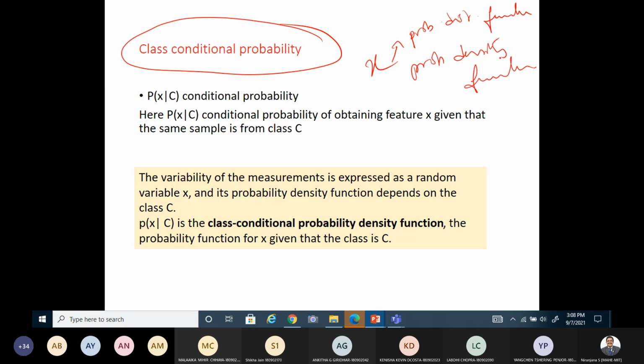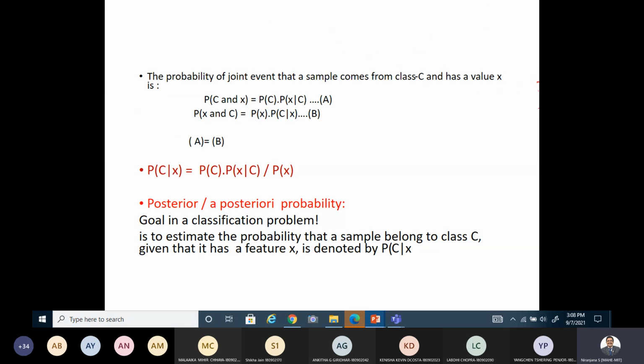When x is a continuous variable, we described it as p of x given ci. In general, I can write p of x given c as the conditional probability, or the class conditional probability. Now two types of probability we discussed here. Now let us consider one more type of probability.